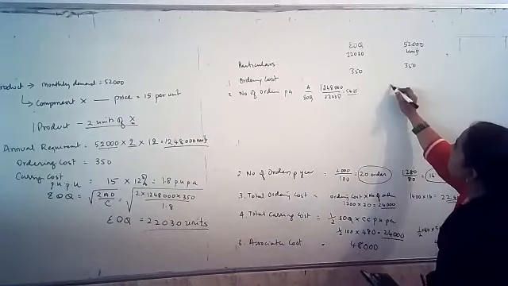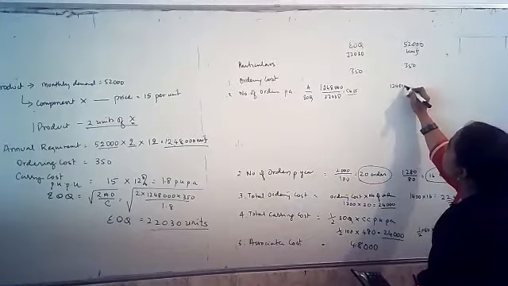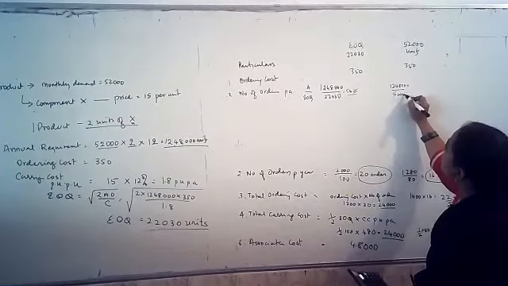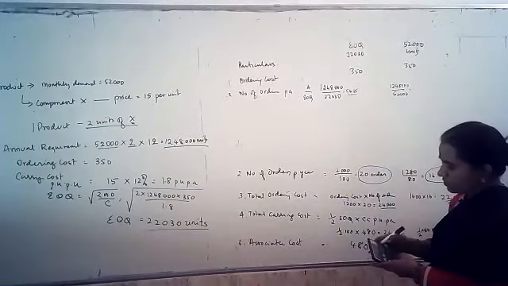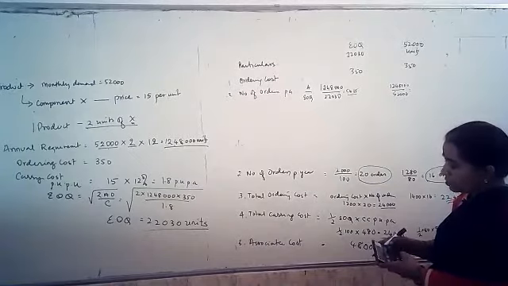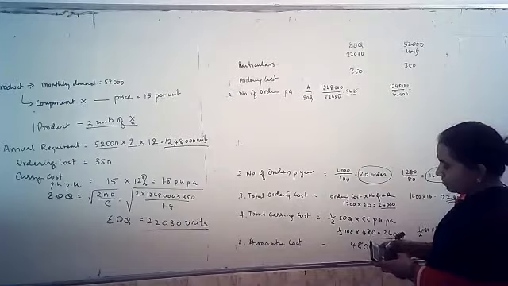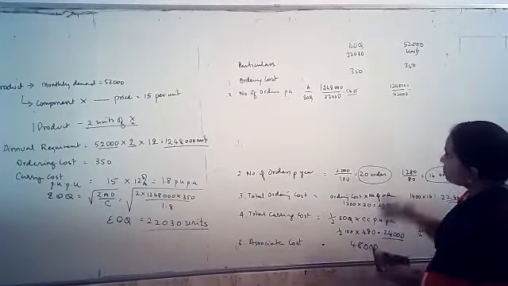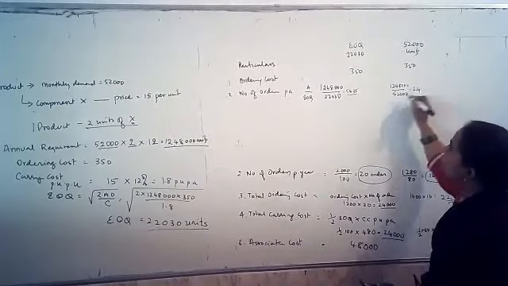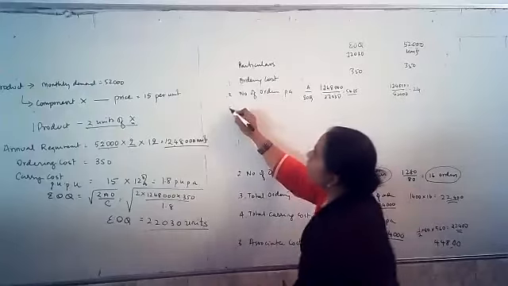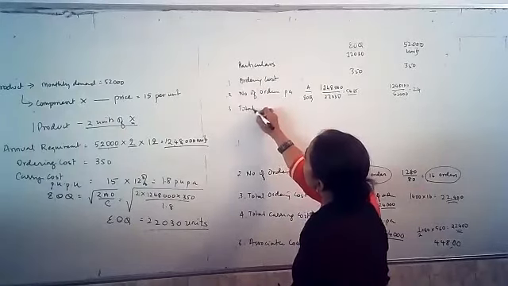In the other case, it is 12,48,000 divided by 52,000. So this is 24 orders. The third point is total ordering cost.